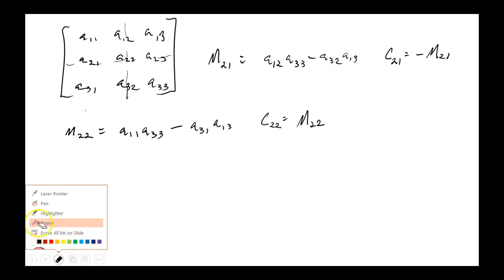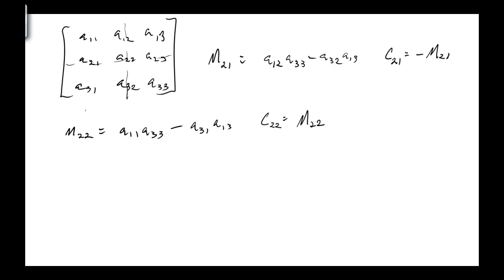I'll do the 3 by 3 we did, except here I'm not writing entries in. I'm just showing you what the sign of your cofactor will be. Plus, minus, plus, minus, plus, minus, plus, minus, plus. Any way you go, you alternate signs every time.